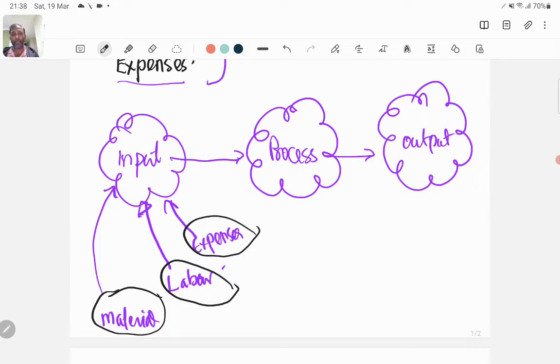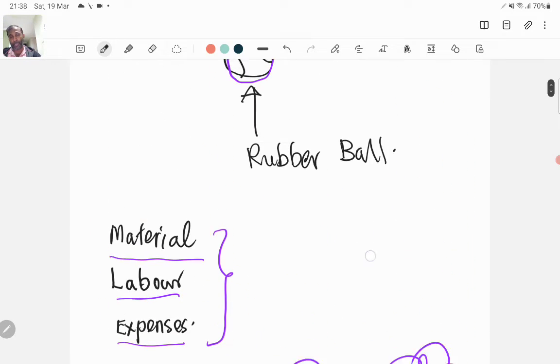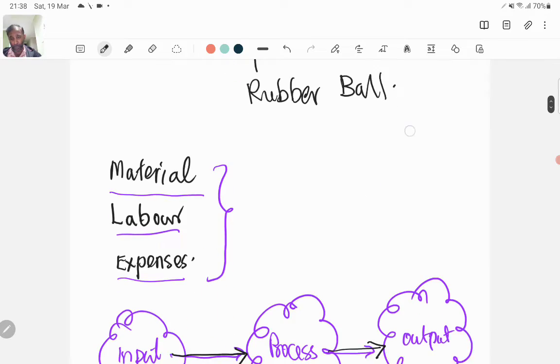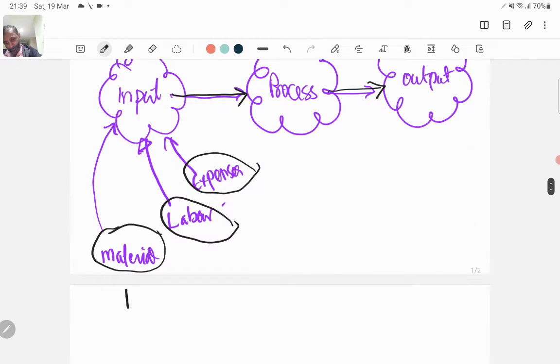When I do that, it goes to the next level of the production process, which is the process itself. The staff, the machines and the mechanism will work together, and then come up with output. Now if I go back to this example of a rubber ball, the main material will be rubber.